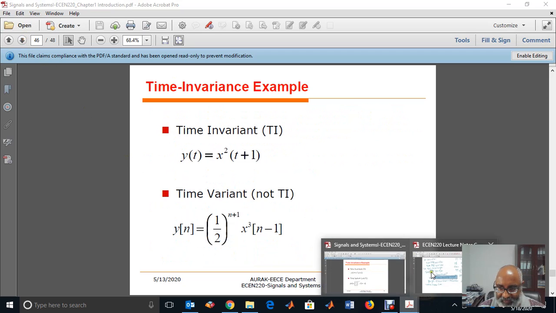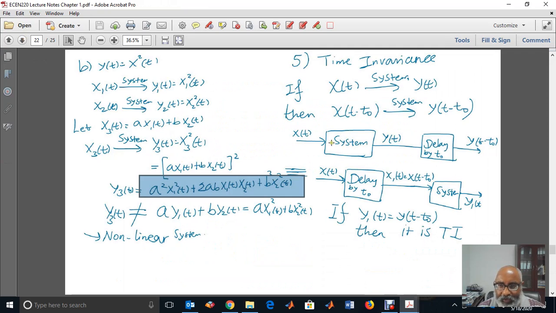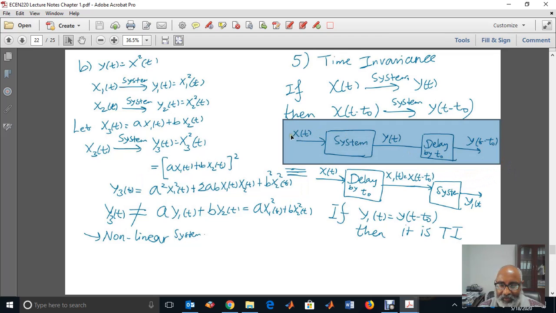the time invariance property. This is one way to prove it. This is the overall system. Whenever I give x of t, I have output y of t. Then I delay the output by t naught, and I have y of t minus t naught.